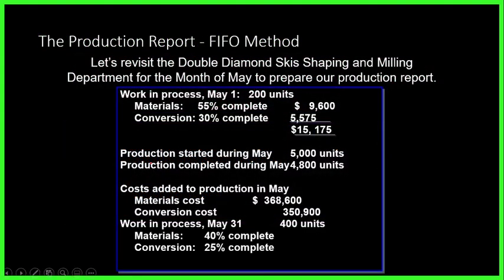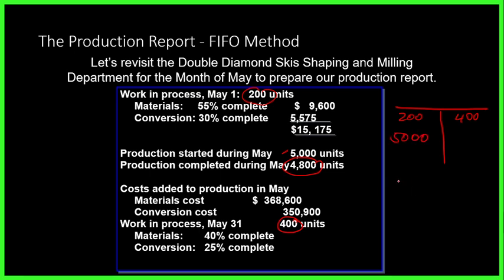Let's use the earlier example. We started with 200, and then you have 5,000 started in process. At the end of the period, you now have 400. Let's put that into T accounts: beginning 200, ending 400, started in process 5,000.